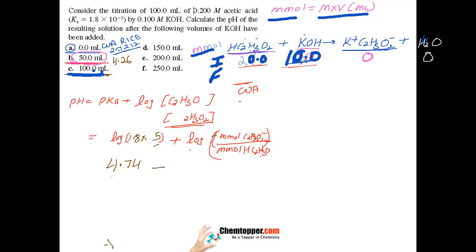How much acetic acid? How much potassium acetate formed? They are reacting 1:1. I've already given you their initial millimoles. Initial millimoles of acetic acid is 20, KOH is 10. Can you work it out, Jyoti? Sanvi, Atharva? KOH is still limiting. She is right. It's 0. But how much acetic acid?